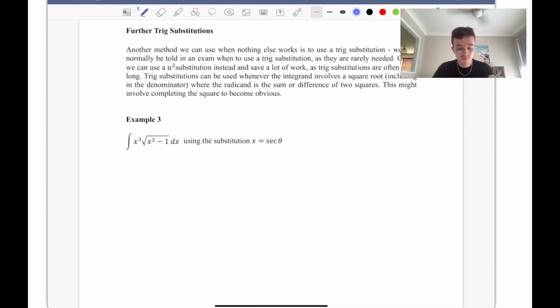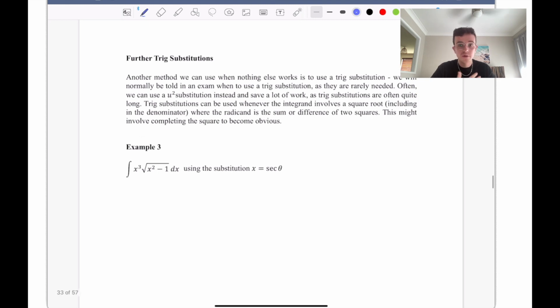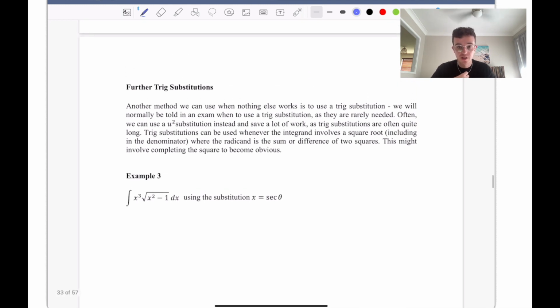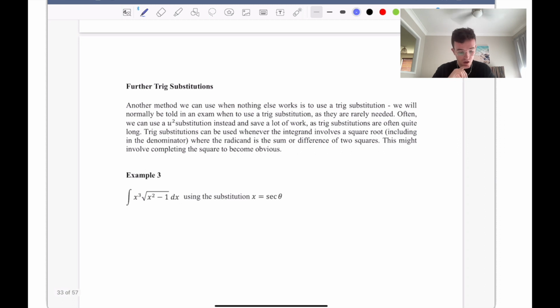Okay, some further trig substitutions. So another method that we can do when nothing else works is use a trig substitution. We'll normally be told in an exam when to use a trig substitution, as they're rarely needed. Often we can use a u substitution, as they save a lot of work, and trig substitutions are often quite long.